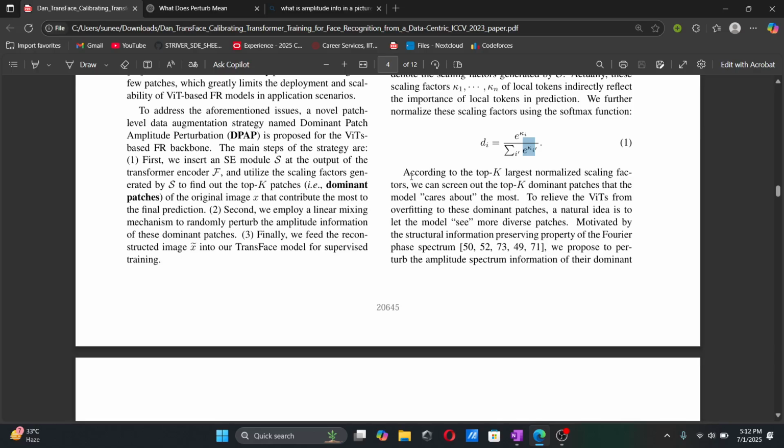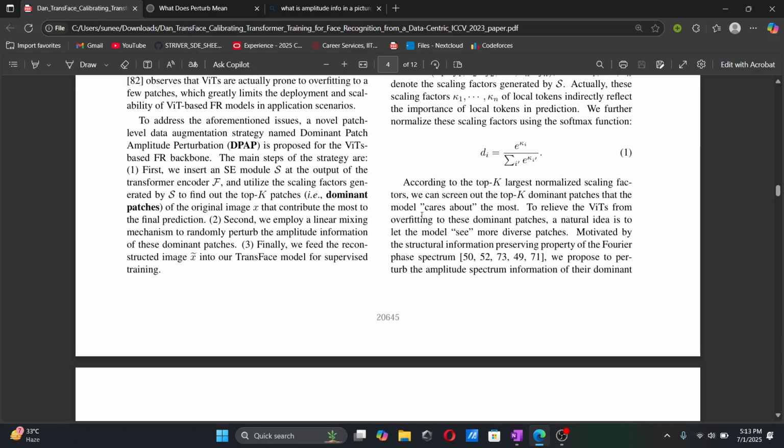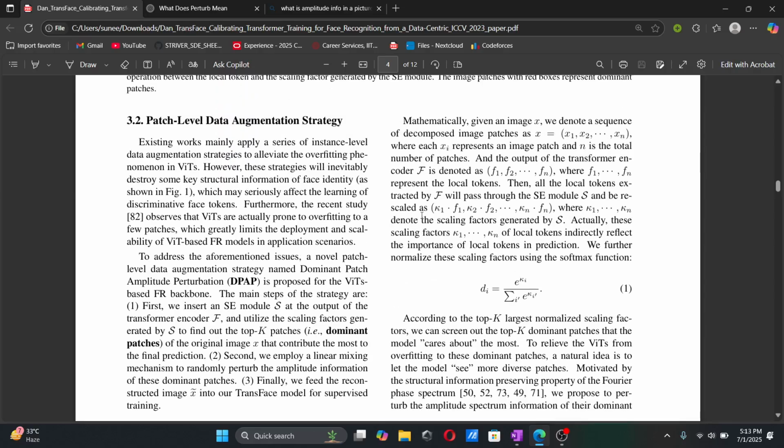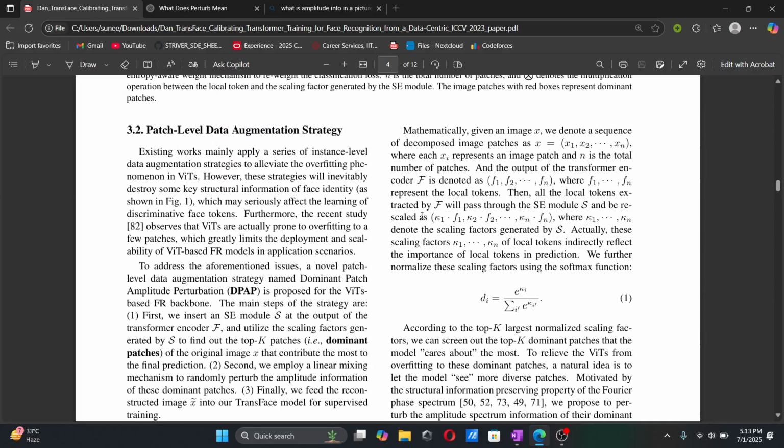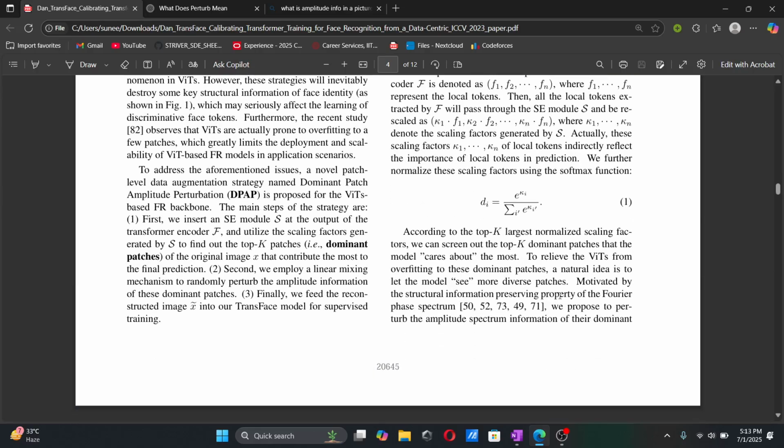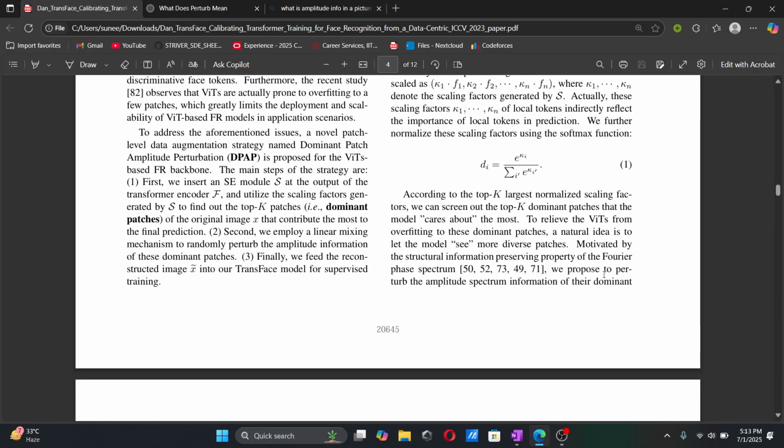Okay, so we get the top k largest normalized scaling factors, motivated by the structure information preserving property. Okay, so there is a structure. The main problem in data augmentation of an image is the losing of structural properties. So this Fourier phase spectrum transformation, I guess, doesn't have that problem. So we use that to our advantage here, but I don't know what Fourier phase spectrum is about.